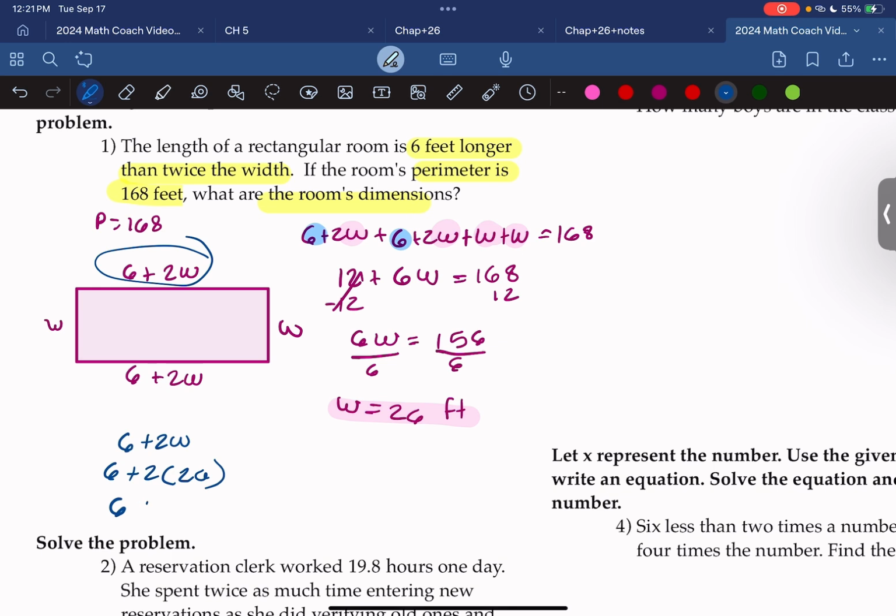So it's going to be 6 plus 52, which equals 58 feet. Remember to always use your units. It's very important, so that you can put that the dimensions are 26 feet by 58 feet. So that is the first answer to our first problem.